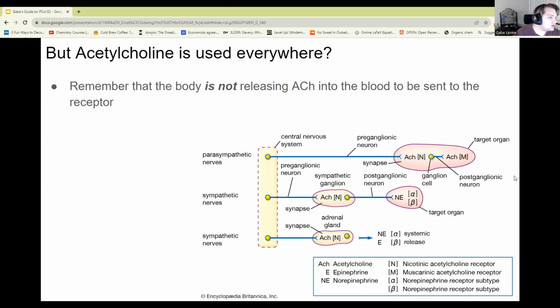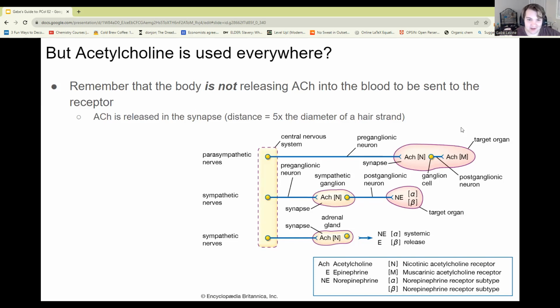The distance between the presynaptic neuron, the neuron that's releasing the acetylcholine, and the postsynaptic neuron, the one that is receiving the signal, is really, really small. We're talking about 10 micrometers. So 5 times the diameter of your hair, right? So this is a very, very small distance, and it's a very controlled release of acetylcholine.